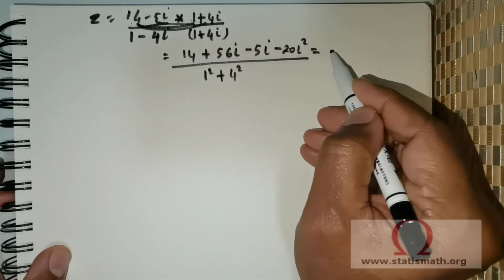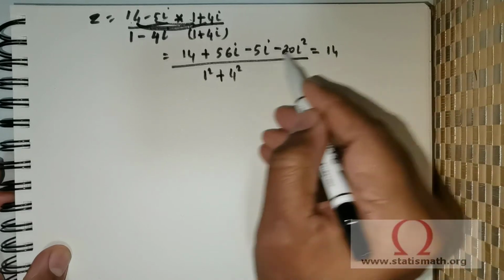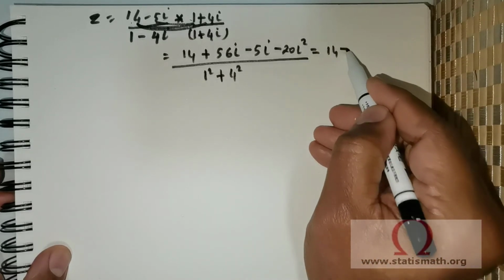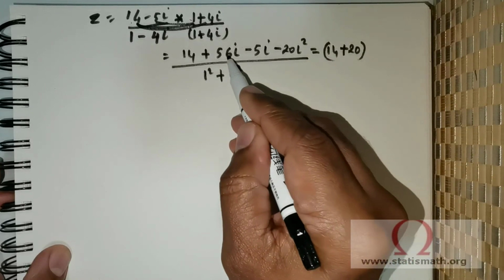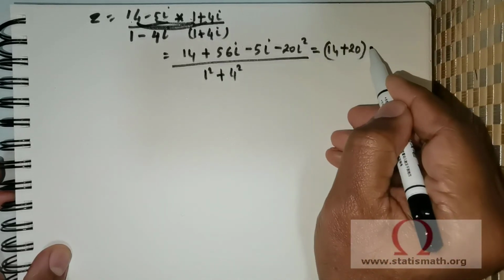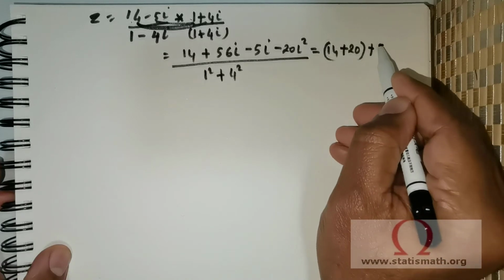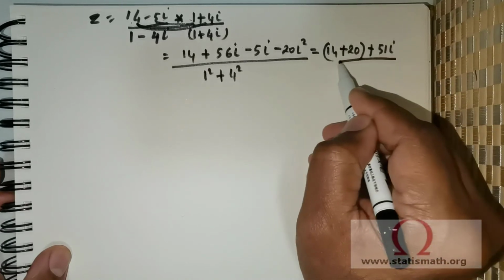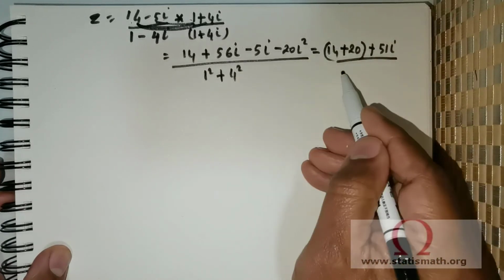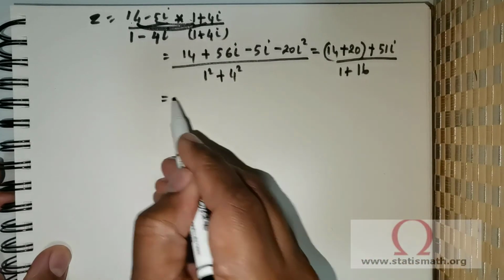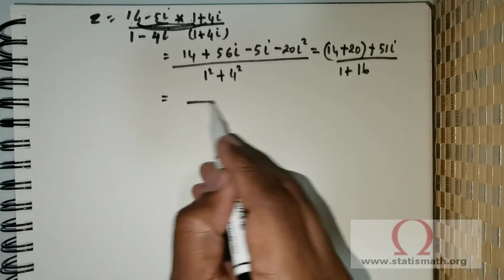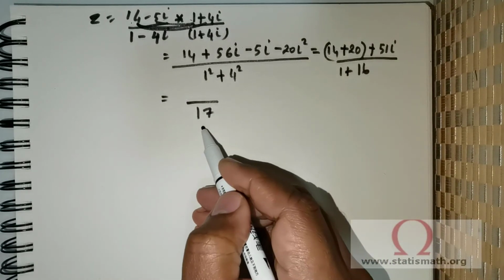Now this is going to be positive, so it's going to be positive 20, that's one term. Now 56i - 5i gives me positive 51i. Now 1 added with 4 squared is 16, so that's 16 + 1, which is going to be 17 in the denominator.